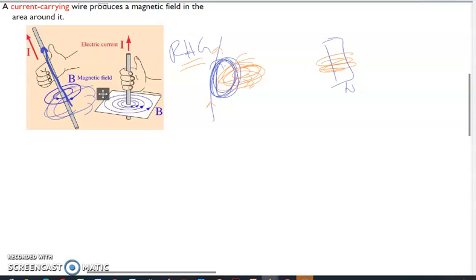Let's say this is the wire, and you build a flux, which is north south, built around the core itself. So the flux will move upwards like this.